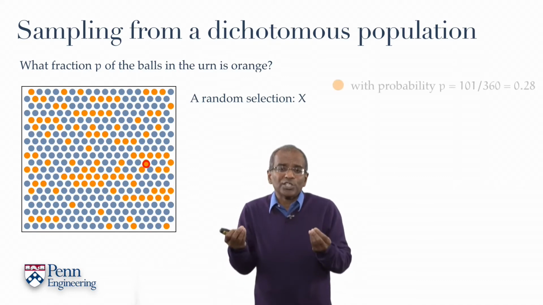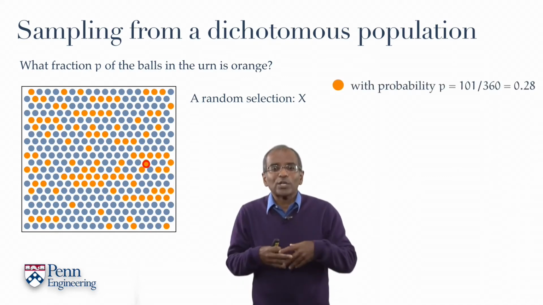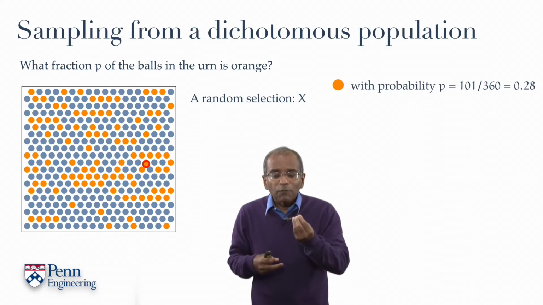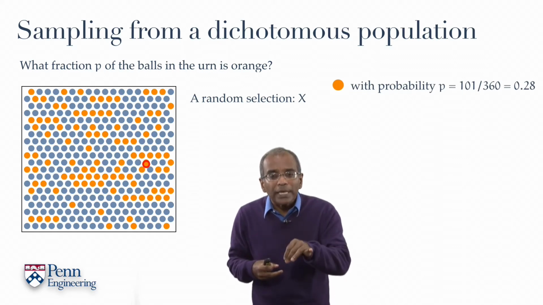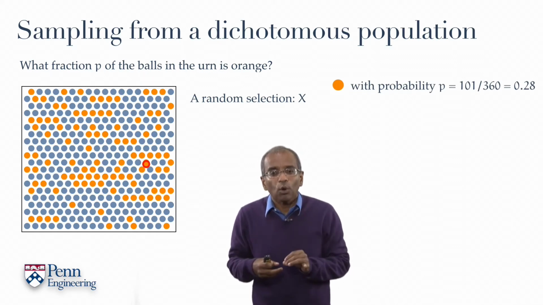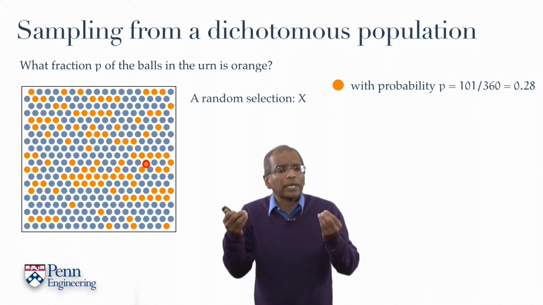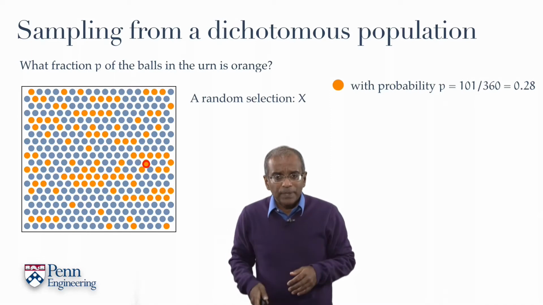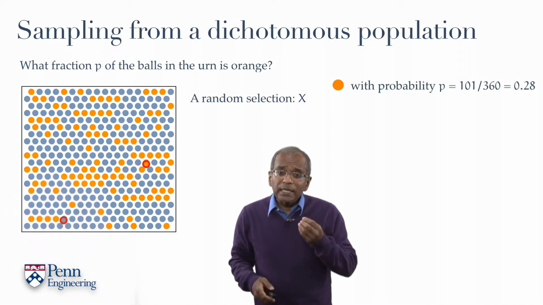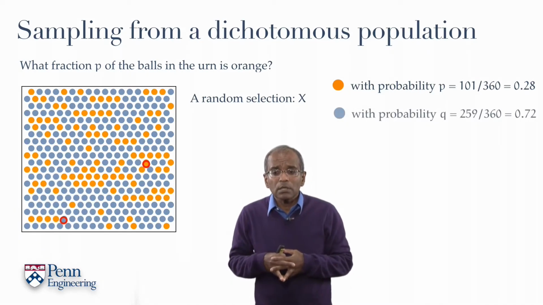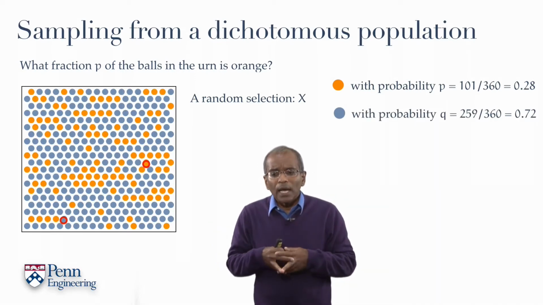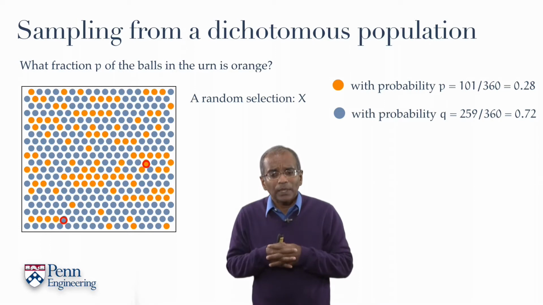Well, there are 360 balls, as I've informed you, of which 101 are orange, and therefore the probability of selecting an orange ball is 101 over 360, and so p is approximately 0.28. The chance of selecting a blue ball, likewise, is 259 out of 360, and that's about 0.72.